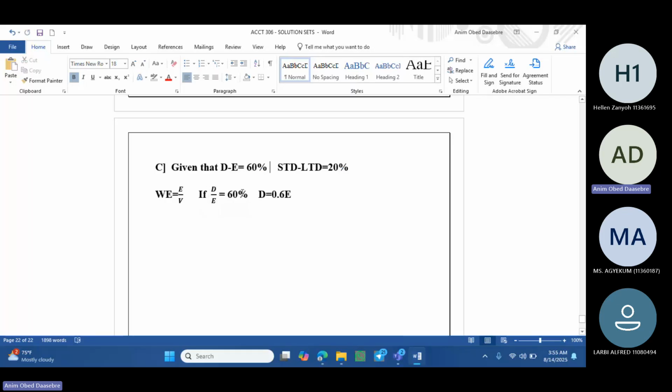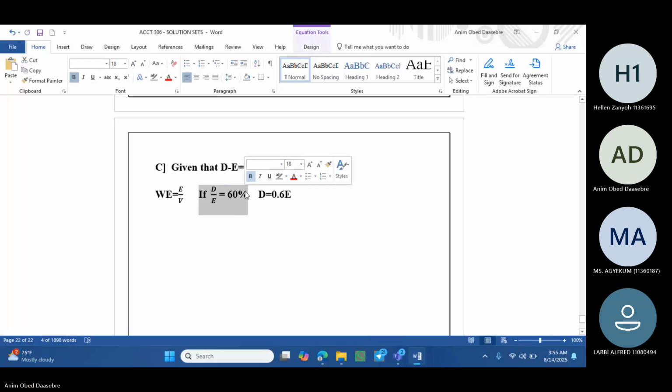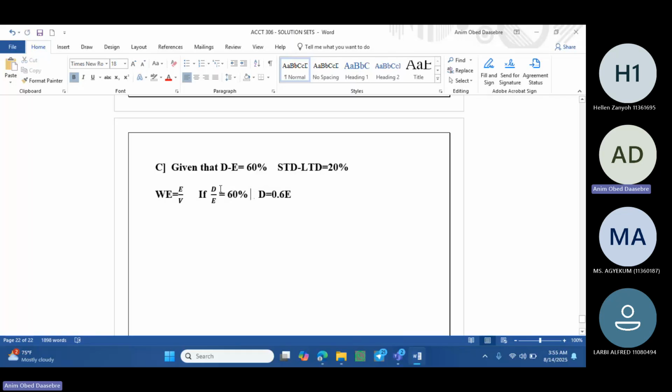So we want to find the weight of equity and the weight of debt from this 60%. If this is the ratio that they are giving to us, then we need to factor in debt from that, because debt to equity ratio is equal to 60%.